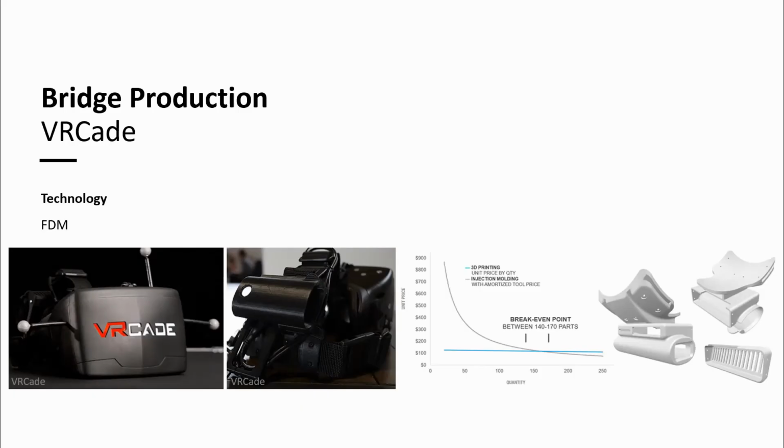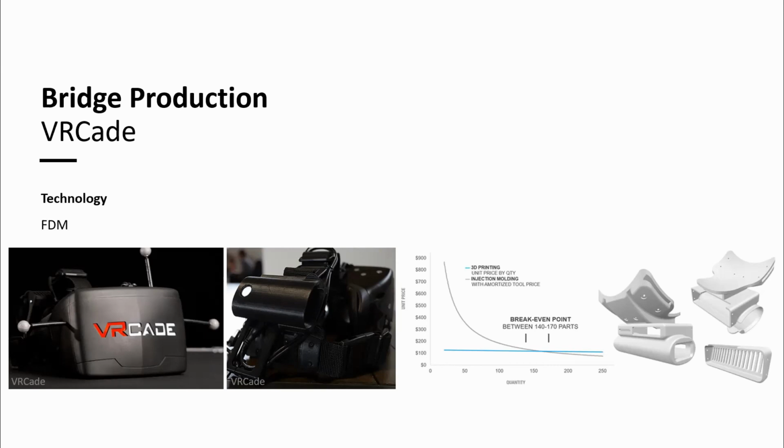One project where we saw additive for bridge production used very effectively was the V-Arcade project. Now, in this project, additive was an obvious choice for prototyping the design, which was a wireless VR headset that was launched in Dave & Buster's locations.